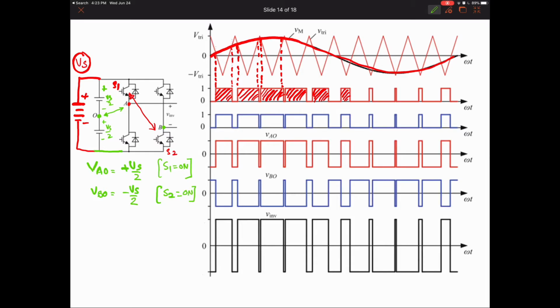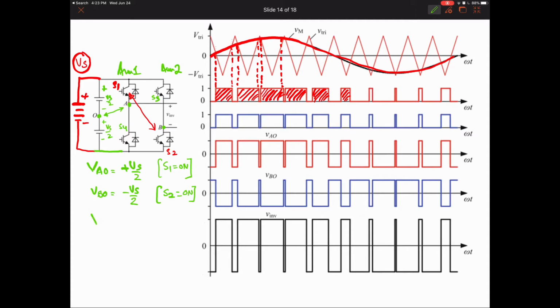Now if we look at the second switch of the first arm, this is arm 1 and this one is arm 2. Let's suppose this is S3 and this switch is S4. So when switch S4 is turned on, the voltage at point A will be equal to minus Vs by 2, because when you turn on switch S4, switch S1 must be turned off, because both of the switches in an arm cannot be turned on together.